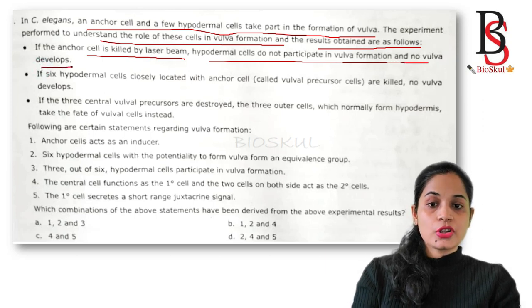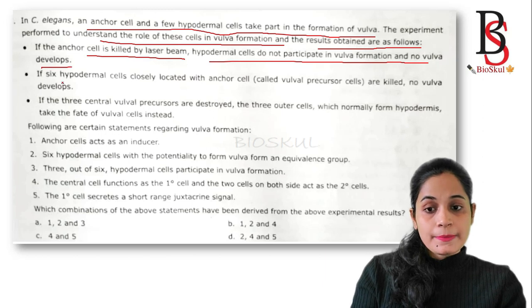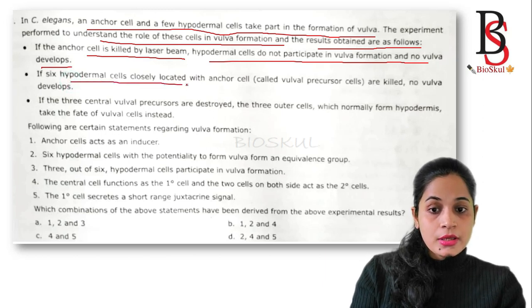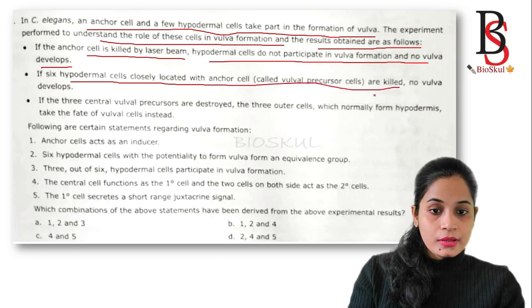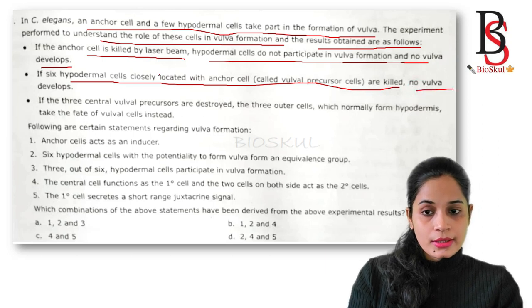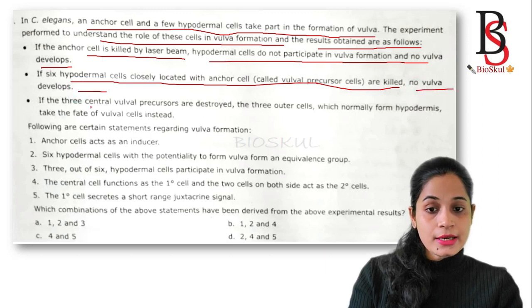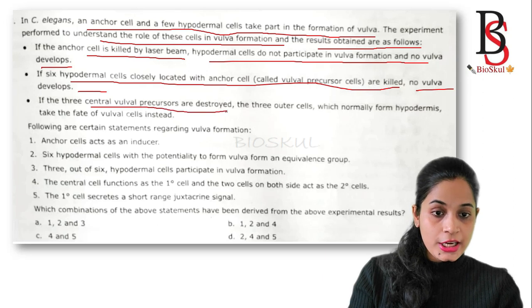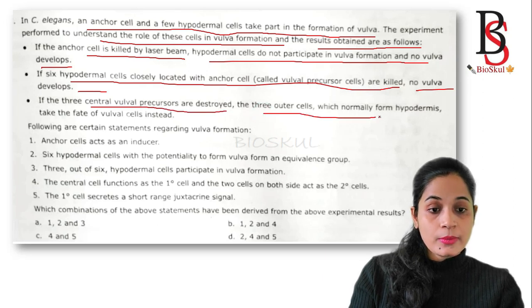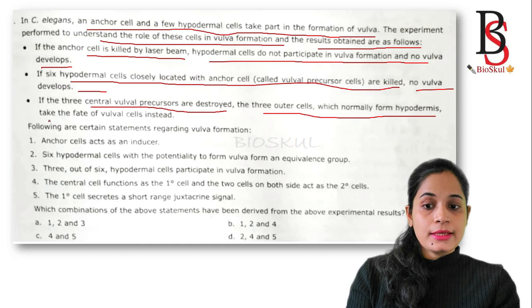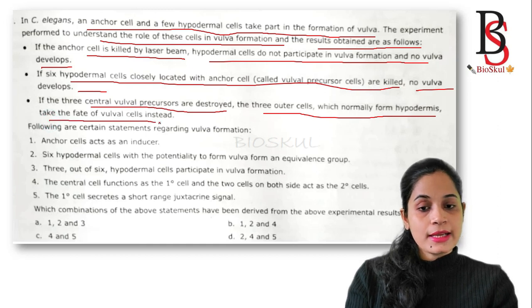If anchor cell is destroyed, then there is no vulva formation. If 6 hypodermal cells closely located with the anchor cell are killed, no vulva develops. If 3 central vulva precursors are destroyed, 3 outer cells that normally form the hypodermis take the fate of vulval cell instead.